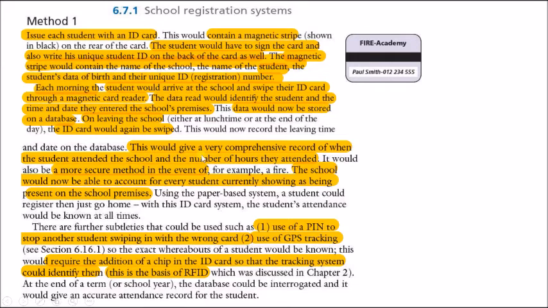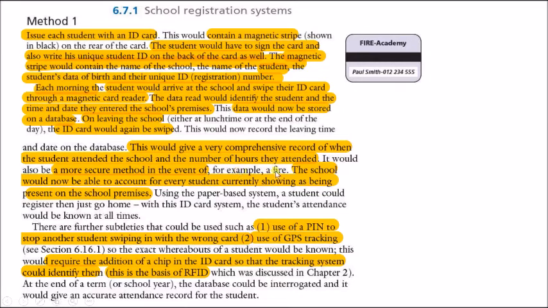Now, this would give a very comprehensive record of when the student attended the school and the number of hours they attended. It would also be a more secure method in the event of fire. Why?